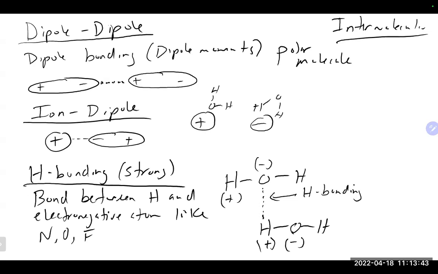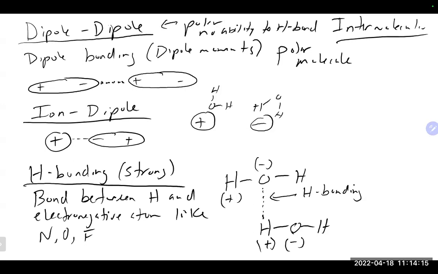It is really a very strong interaction. So when we think about dipole, it is usually reserved for polar molecules that cannot hydrogen bond. So if you're asked what is the intermolecular force for a polar molecule that doesn't have the ability to hydrogen bond, dipole is your answer there. So this is really polar molecules with no ability to hydrogen bond.